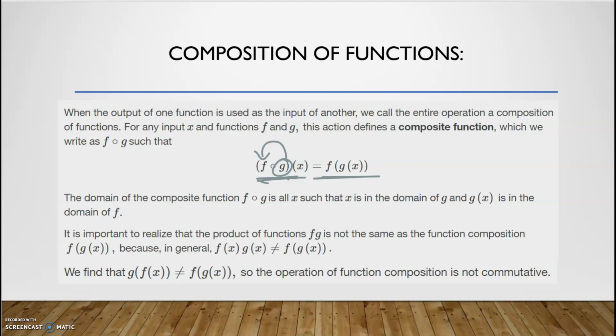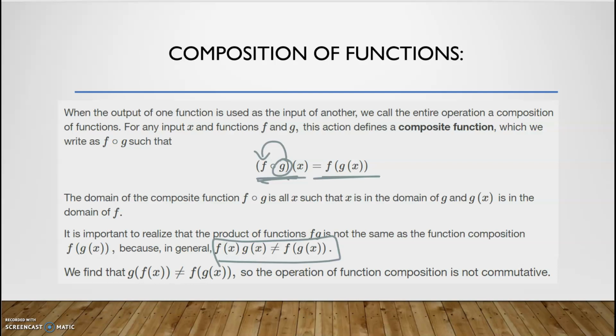Okay, it's important to realize that the product of functions f times g is not the same as the function composition f of g of x. Okay, so this is not true. You can't just say, okay, well, I'm just going to multiply these two functions together. That's not the same thing. What you're doing is you're taking one function and you're plugging it in to another function.